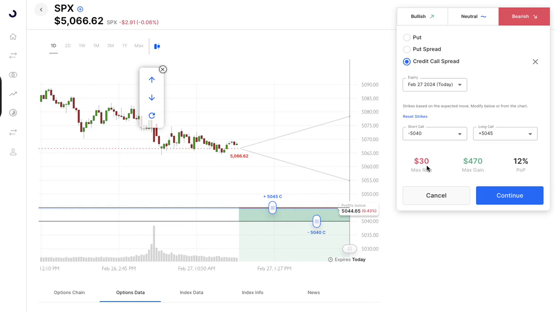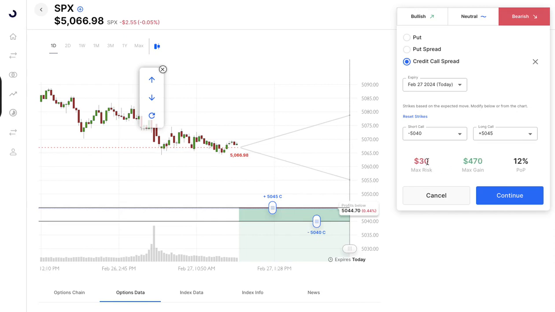Now what this is doing synthetically is, remember the credit put spread. The credit put spread, we are short the 50-45 strike, and we are long the 50-40 on the put side. What this is, at $30, you would basically be synthetically closing the credit put spread.